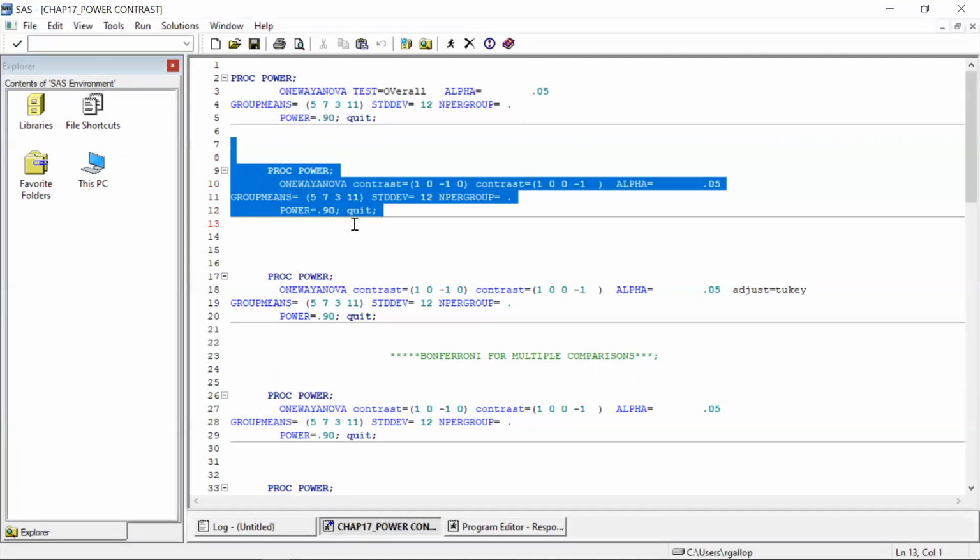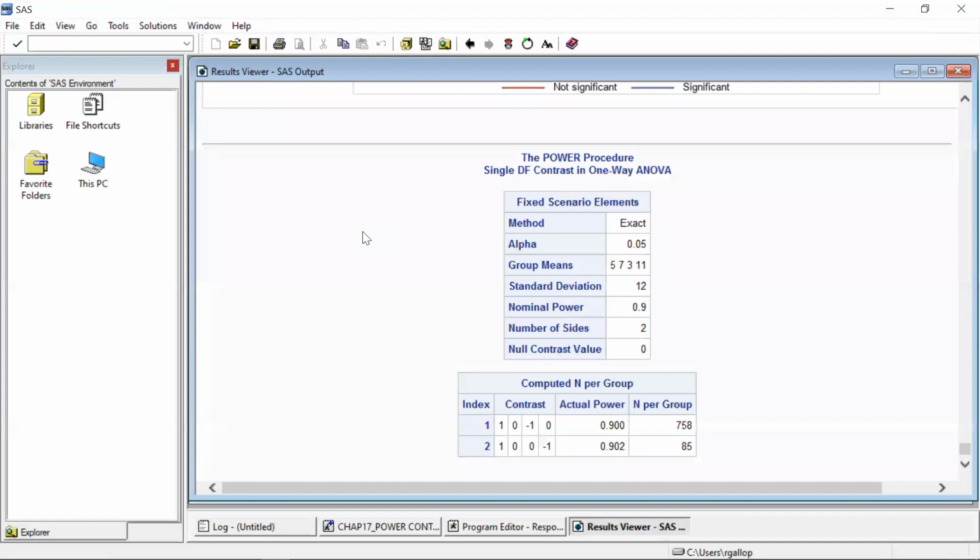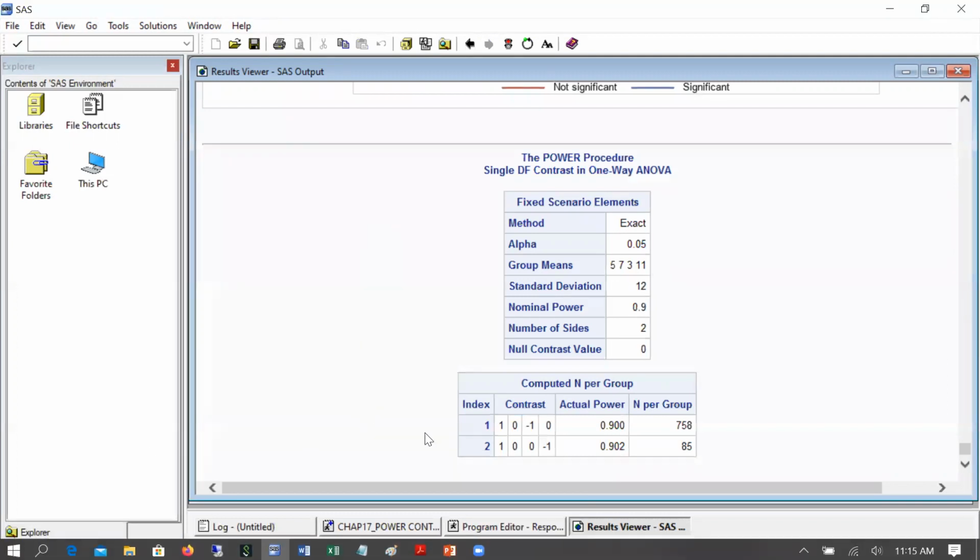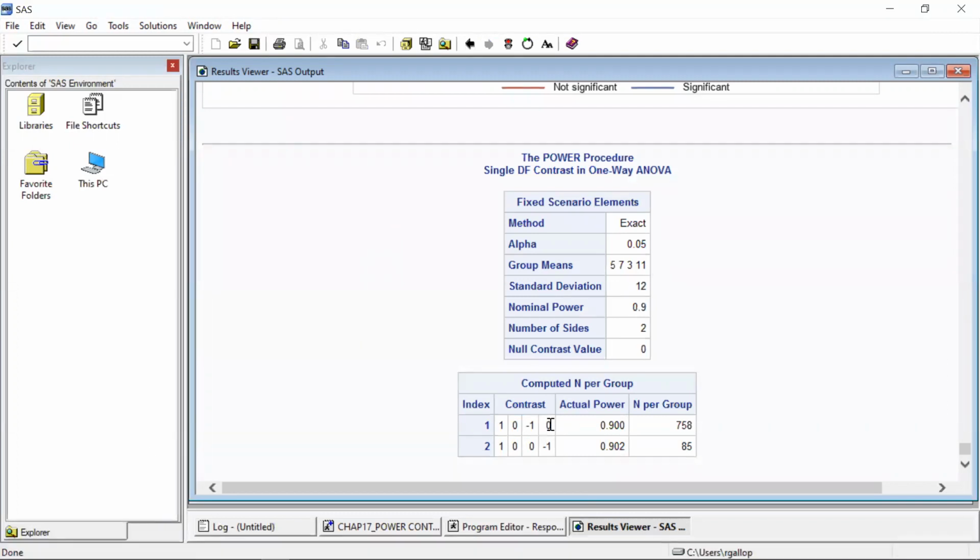When I run this, this is giving me the power for each of the contrasts with those cell means and that pooled standard deviation, asking for 90% power. So I would need a sample size of 758 per group, not just group 1 and group 3, per group.